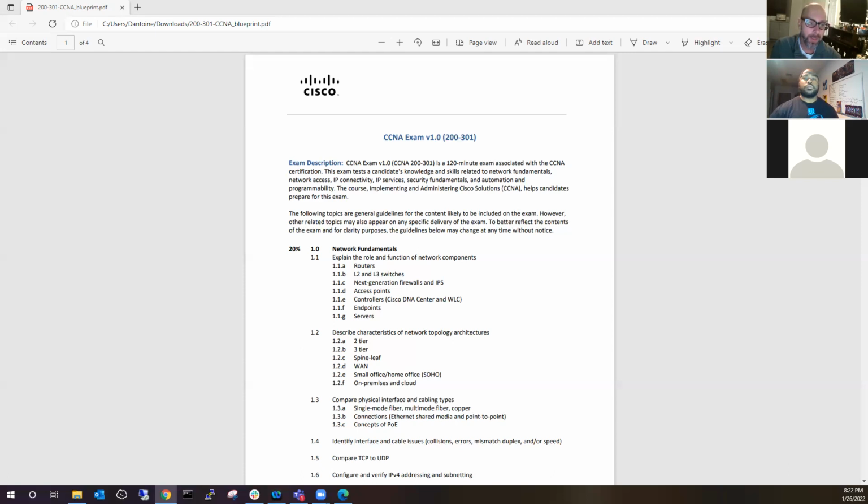If it gets a unicast packet, it's going to forward it. If it's a broadcast, it'll forward it out all ports except for the one it came in on. Filter would be, it's not going to send it out the port it came from, so it's going to filter that. And then flood would be broadcast. It'll send it out everything except for where it came in at.